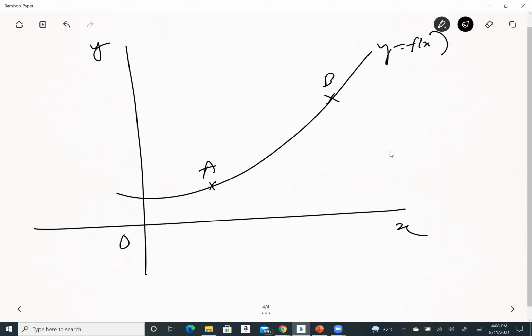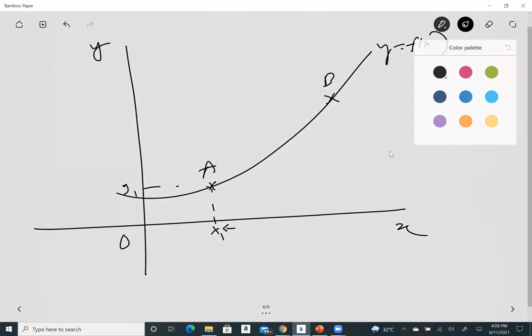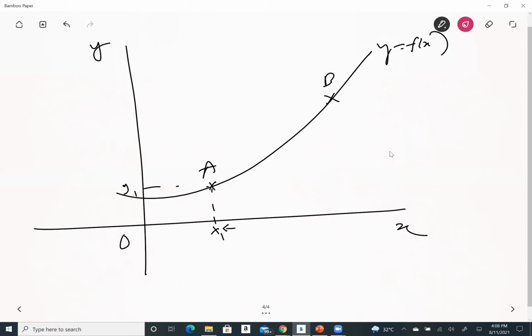So when you make the delta x smaller and smaller, the slope of the straight line will be the slope of the curve at point A. We call it here M, just tangent to the curve at point A.